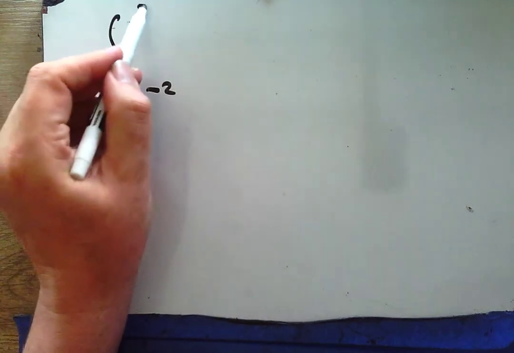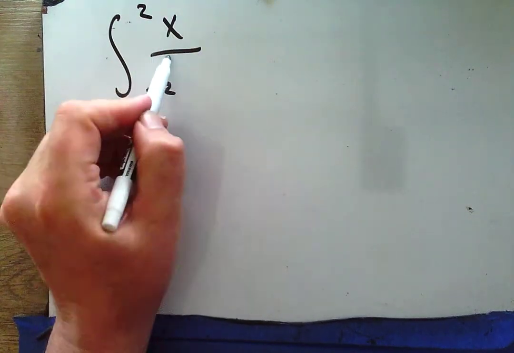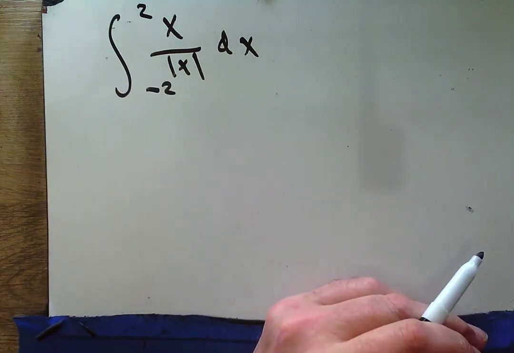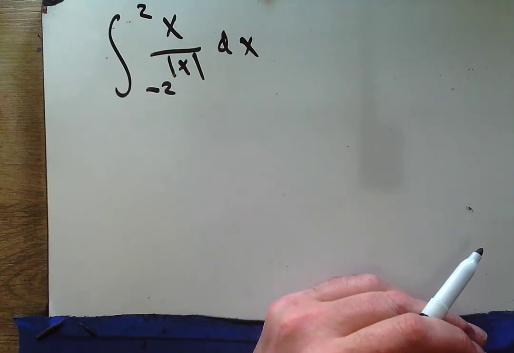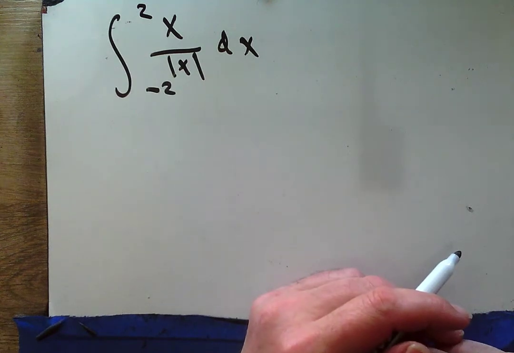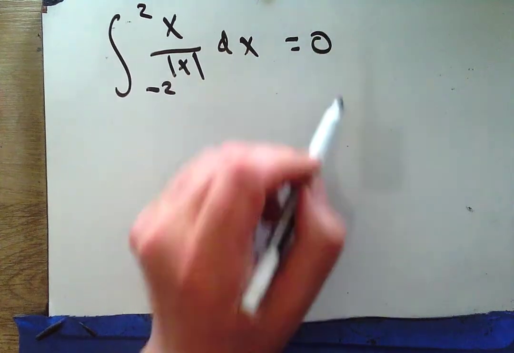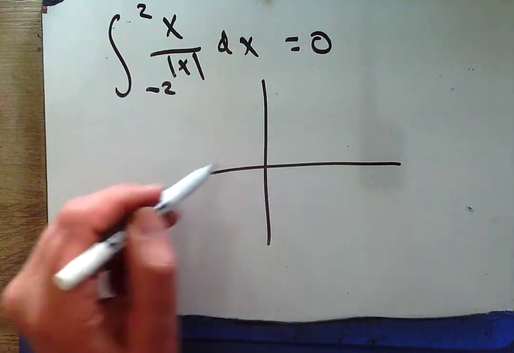How about this one? With that last function in mind, the integral from negative 2 to 2 of x over absolute x dx. Well, I hope you came up with 0 when you did that. Let's think about our graph.